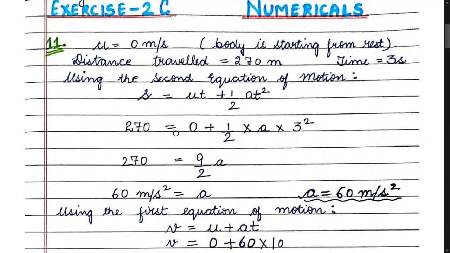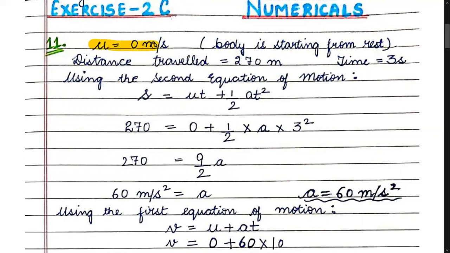So the question is, a body moves from rest with a uniform acceleration and travels 270 meter in 3 seconds. So what we are given in this first line of the question, a body starts from rest. It means that it is starting from rest.